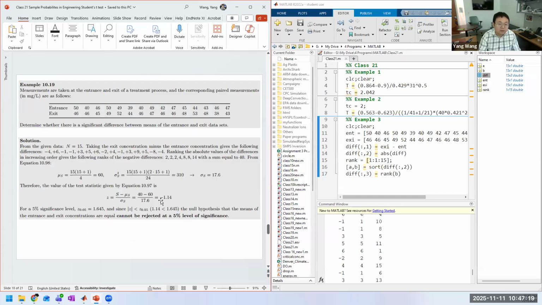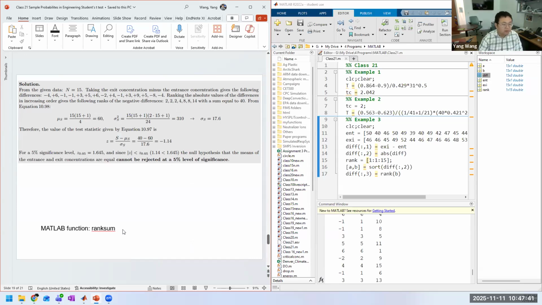It turns out that our calculated z value is larger than the critical z value, which means the null hypothesis is accepted, so it cannot be rejected. So basically it means that these two data sets are not significantly different from each other, okay?